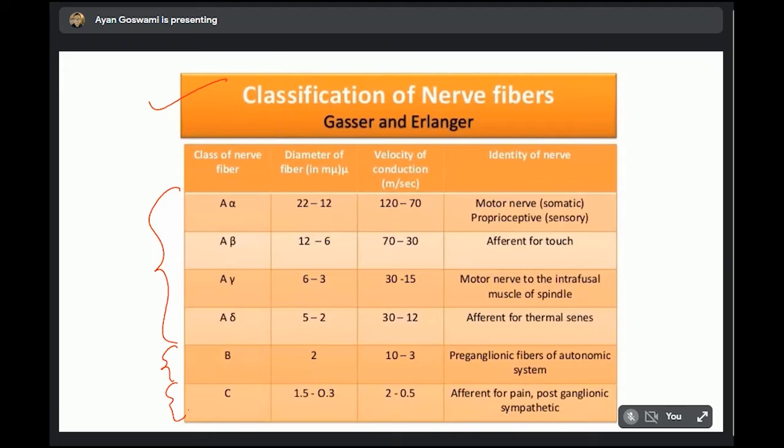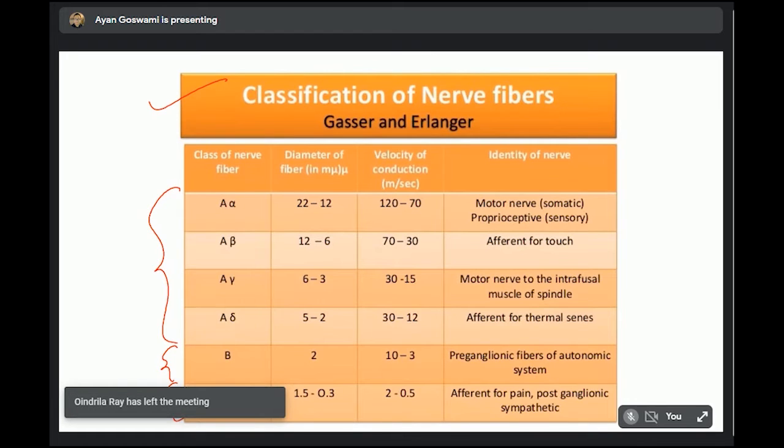Okay. So there are different nerves in the human body, but all those nerves are not myelinated, right? Some of the nerves are myelinated and some are not. In this classification, Erlanger and Gasser, the physiologists, classified nerve fibers according to their diameter, right?